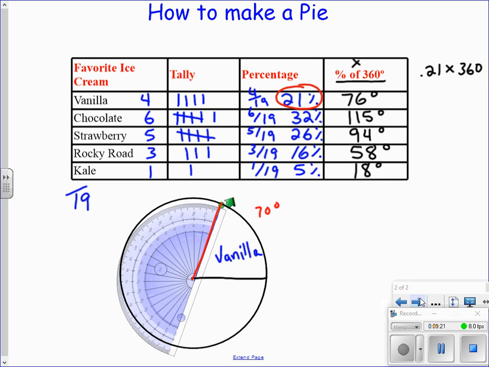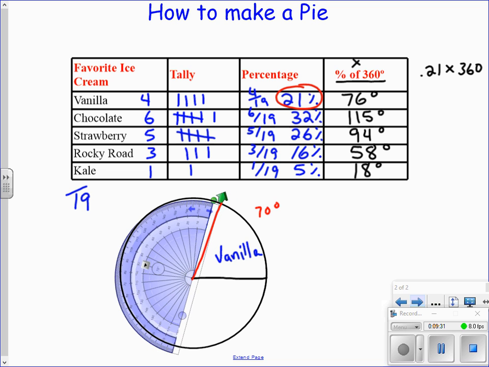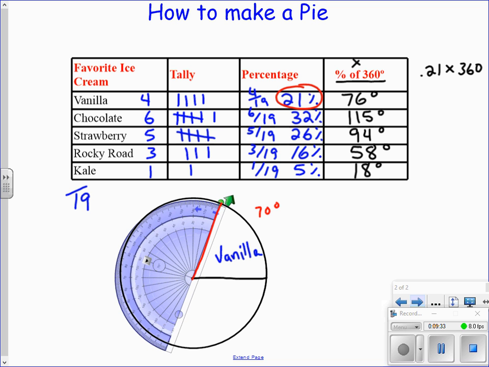Okay, so next I'm going to do 115 degrees, but I'm going to use the red line as my 0. And I think I need to tilt it up a little bit, if I can. And I'm going to do 115 degrees. And I'll put a blue line this time. Where is 115? I'm going to use this scale all the way around to, it looks like 115, which is somewhere over here.